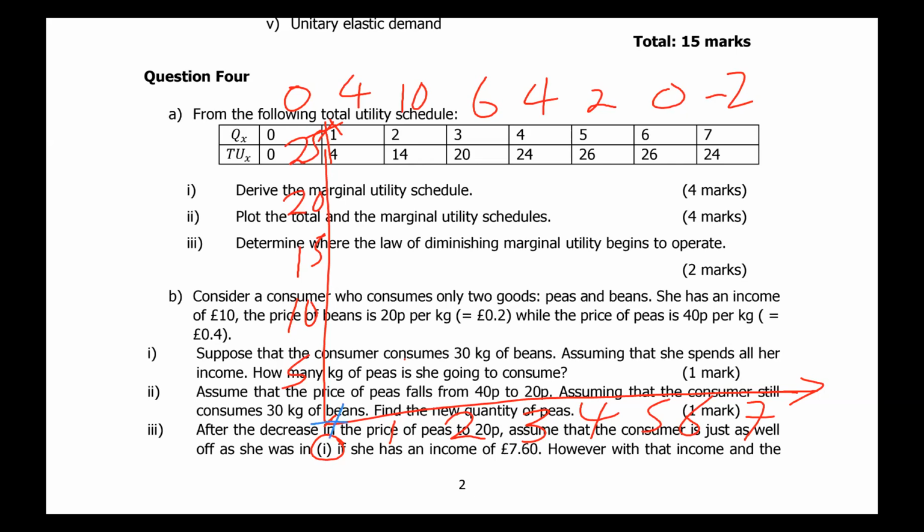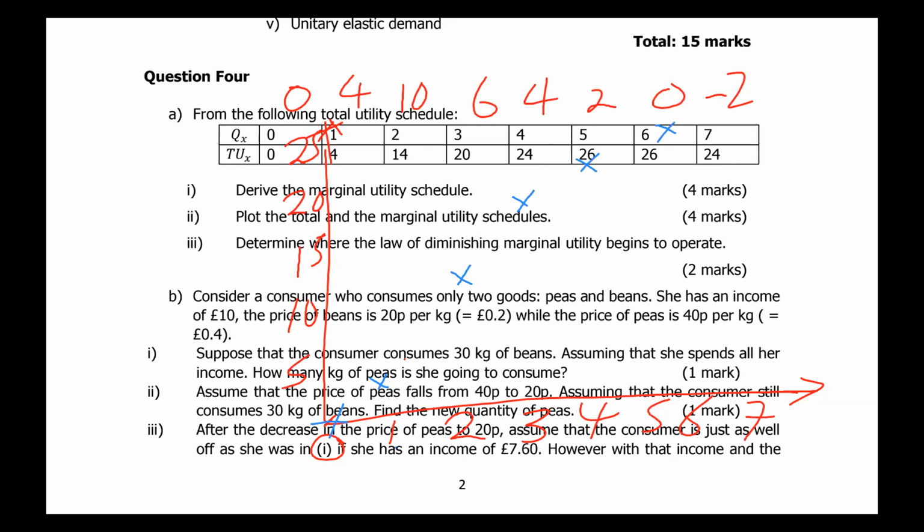Then the next one, when the quantity is 1, we have 1, 4, which should be somewhere here. Just the same way how you are plotting in mathematics. Then you have 2, 14, somewhere here for total utility. 3, 20 here. 4, 24, just below 25. Then 5, 26, just after 25.